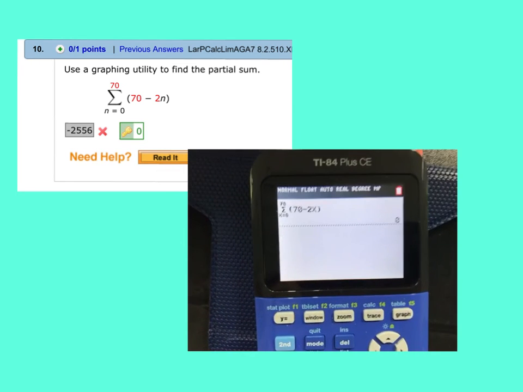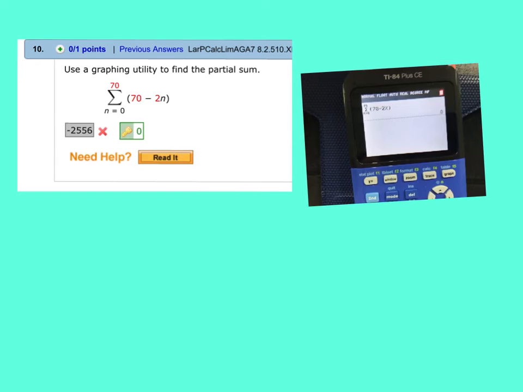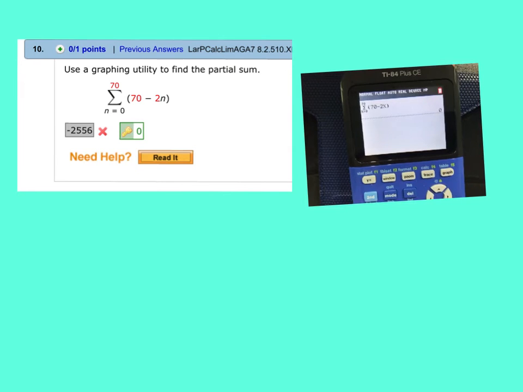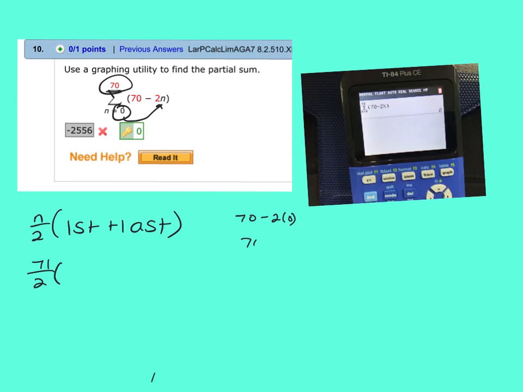Why is it 0? So without a calculator, because that's how you're going to have to do it, right? If I did n over 2 times first plus last. Okay, n, because it starts at 0 and it goes to 70, it's one more, so it'd be 71. The first, I take 0 and plug it in, so 70 minus 2 times 0 is 70 minus 0, which is 70.